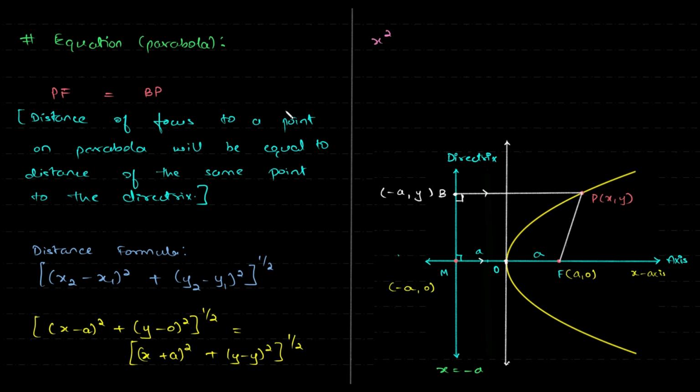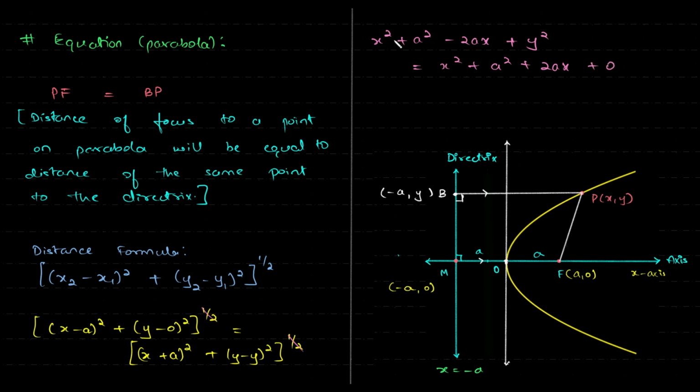Now let me expand (x minus a) squared. So x squared plus a squared minus 2ax, and this is y squared. The roots have cancelled, remember. And then we have x squared plus a squared plus 2ax, and this is 0 squared, that is 0.